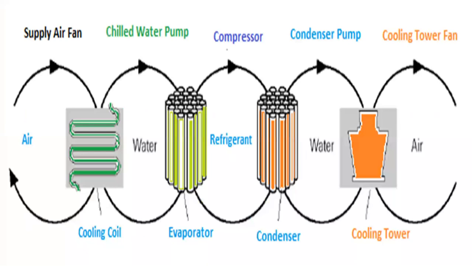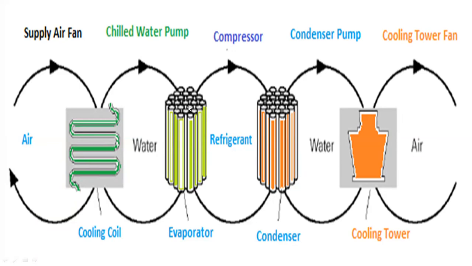We are seeing here all these heat transfer loops: the supply air fan, the chilled water pump, the compressor, the condenser pump, and then the cooling tower fan. So we have air at the beginning and air at the end. In between we have water, getting cooled with the refrigerant evaporating inside the evaporator and giving up the heat in the condenser.